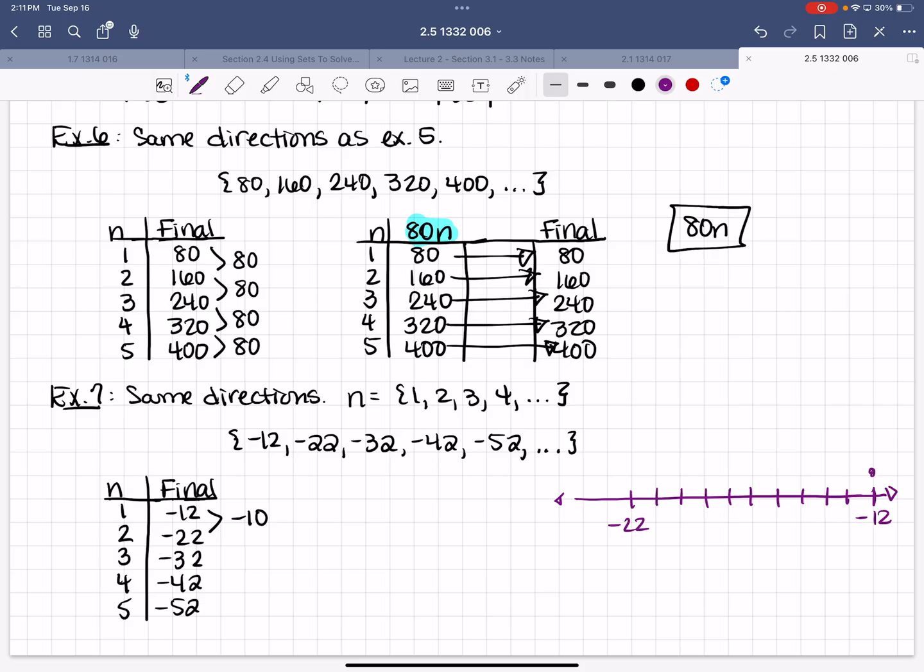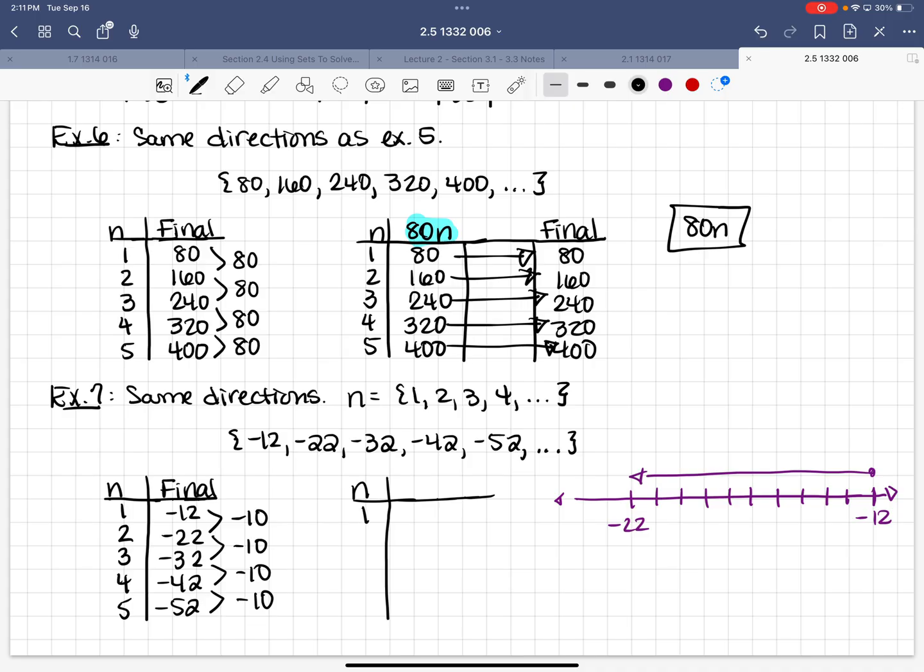So I went left 10. Since I went left 10, I'm subtracting 10. How about from negative 22 to negative 32? Yeah, that's negative 10 also. Negative 32 to negative 42 is negative 10, and negative 42 to negative 52 is negative 10.